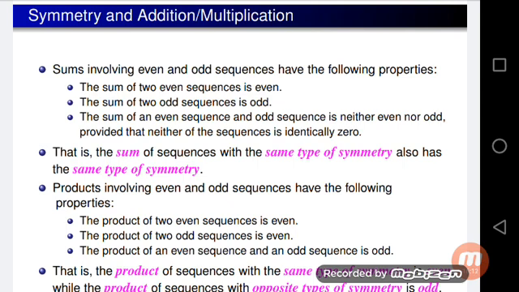And the third condition is that the sum of an even sequence and an odd sequence is neither even nor odd, provided that neither of the sequences is identically zero.